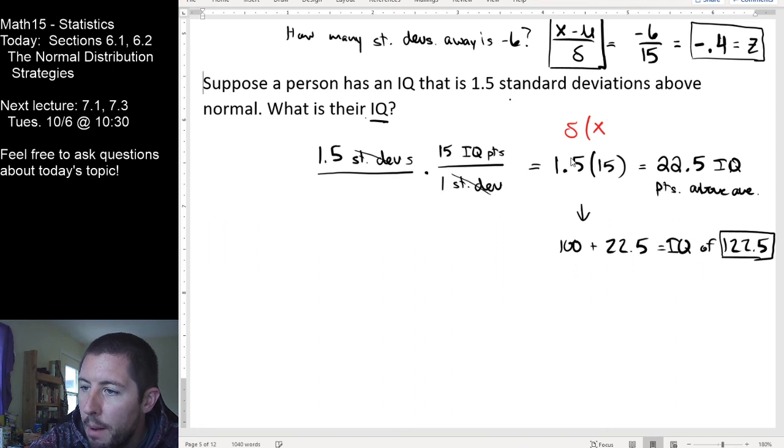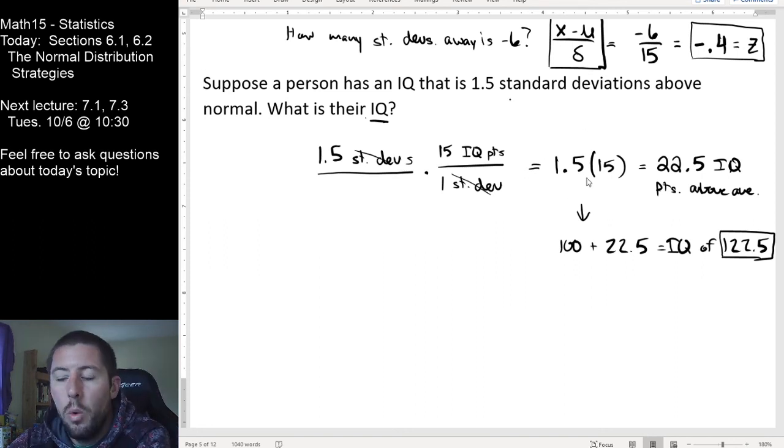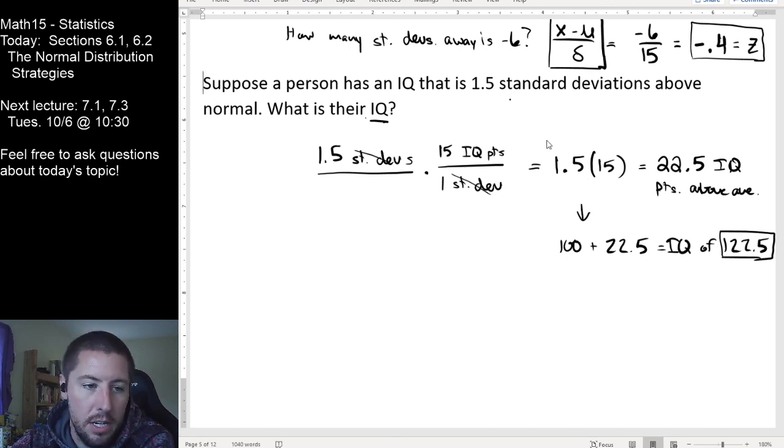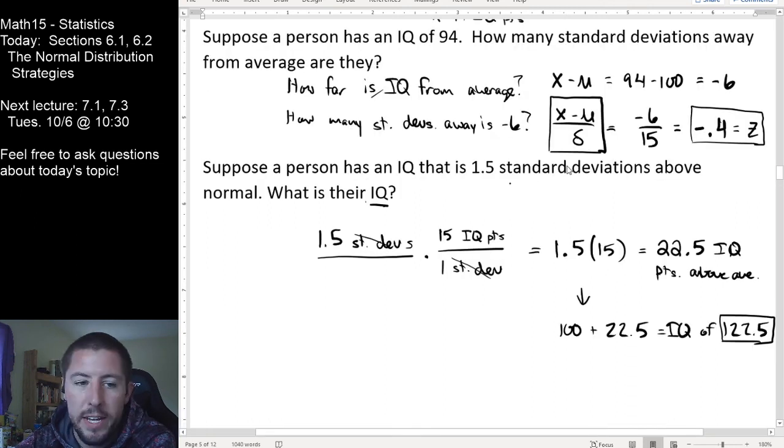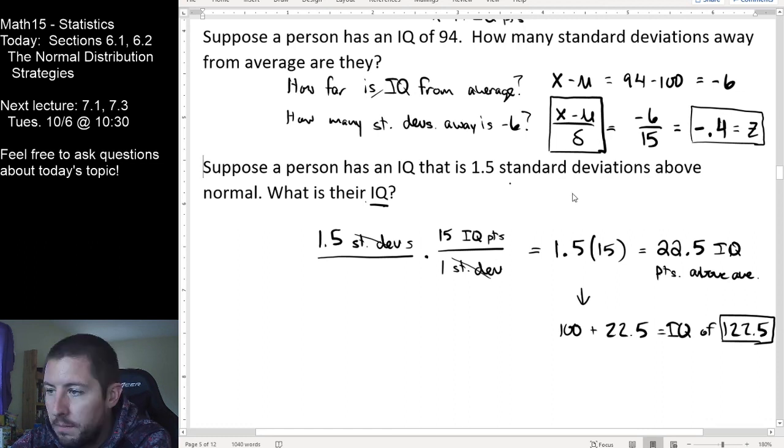I'm going to go back here. What this 1.5 is, this is our number of standard deviations. Our number of standard deviations, as we did in the previous problem right here, we denote with z. Let me just write this. Z equals number of standard deviations.